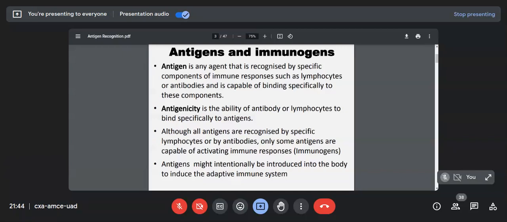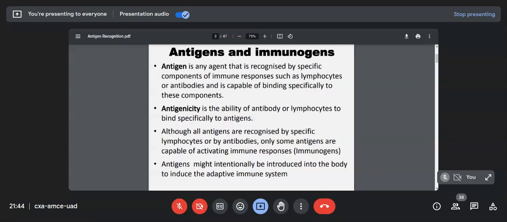So what is an antigen by definition? An antigen can be an agent or a molecule, in other words, or a cell that attaches to a lymphocyte and it will bring about what we call antigenicity. And I define antigenicity basically as the process or the ability of a lymphocyte binding specifically to an antigen.